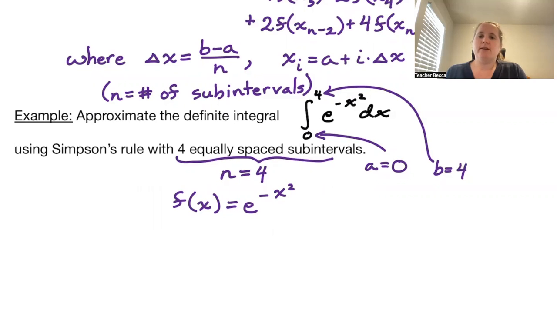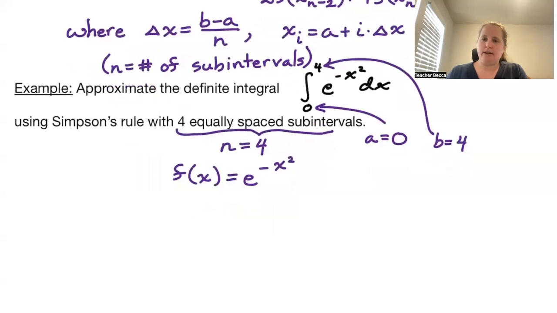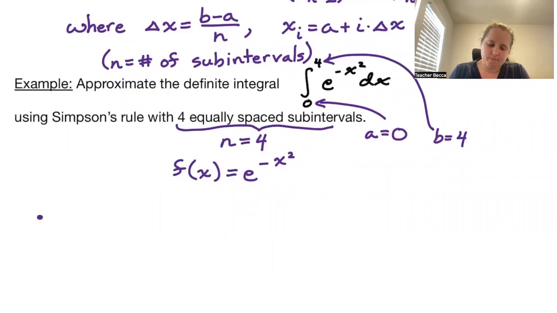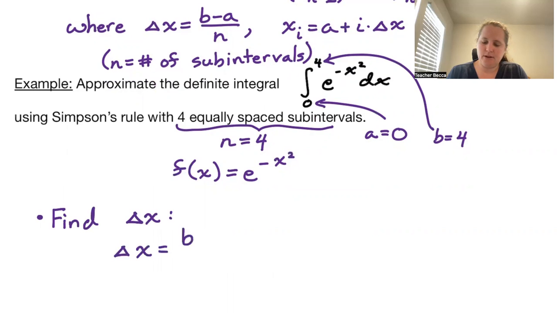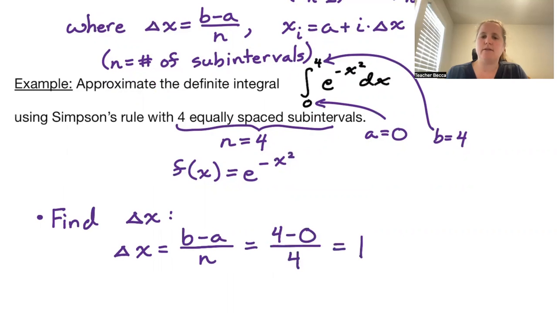So we need to find our delta x, find our xi's. So our delta x is equal to b minus a divided by n, or 4 minus 0 divided by 4. So we get our delta x is 1.